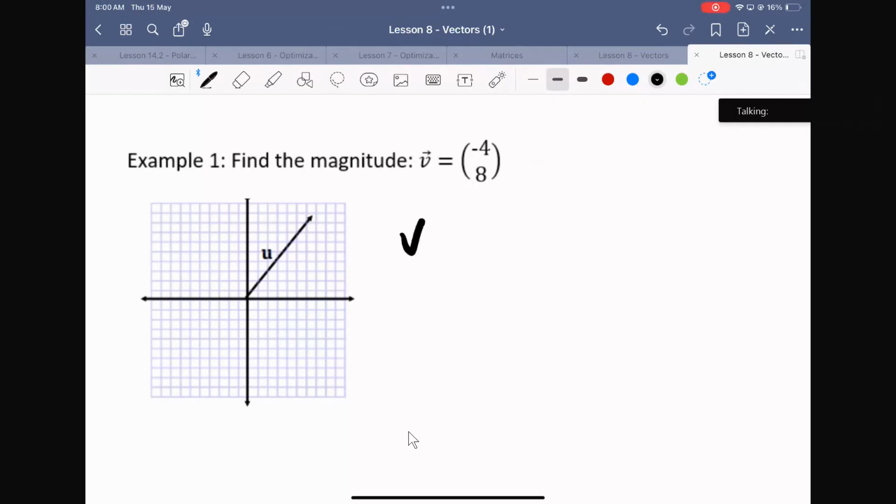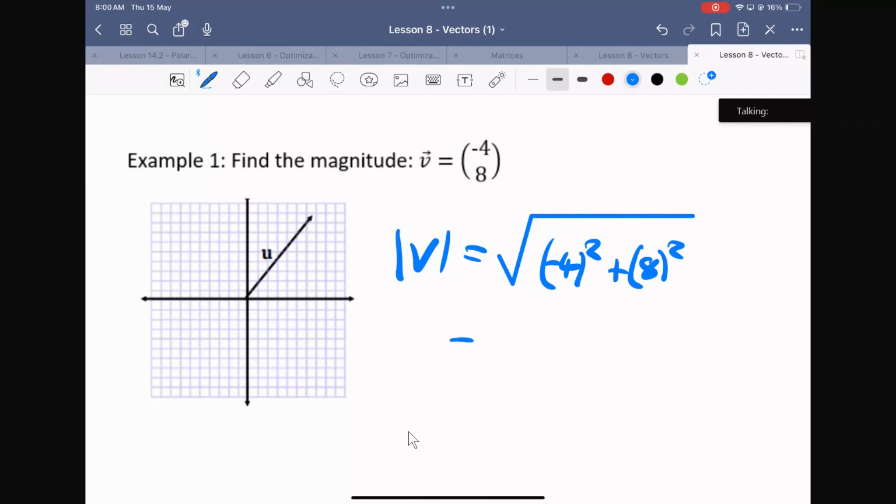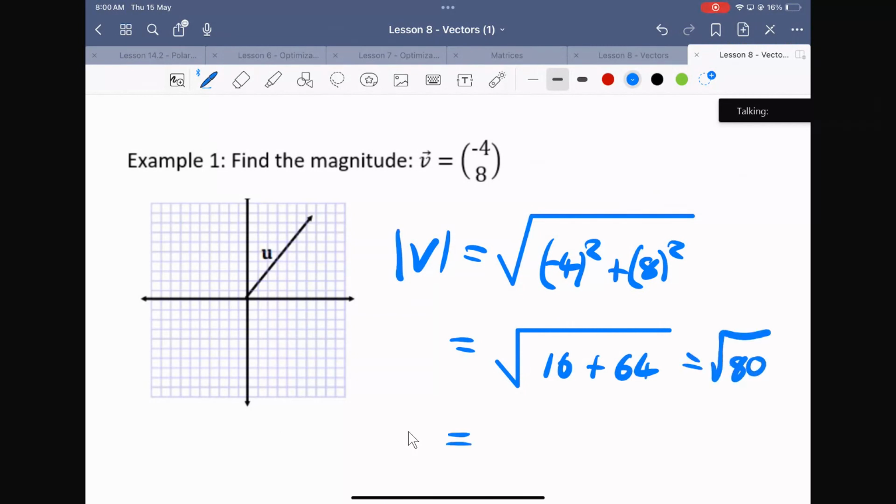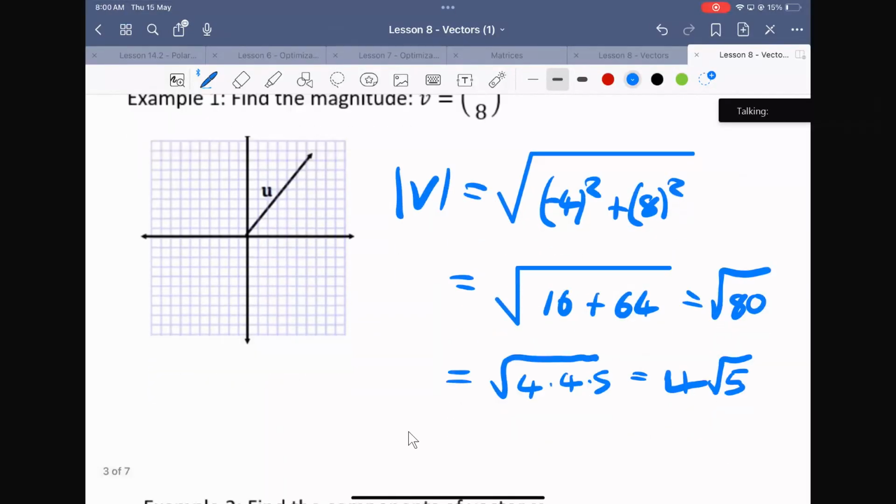The magnitude of this vector is going to be the square root of 4 squared plus 8 squared, which is going to give us the square root of 16 plus 64, which is root 80, which is 4 times 4 times 5, which is 4 root 5. Right. I see 80 as 4 20s.